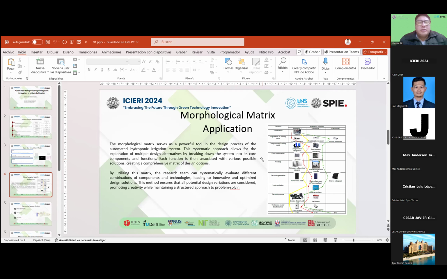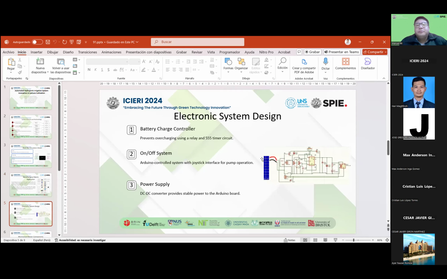By utilizing the matrix, the research team can systematically evaluate different combinations of components and technologies, leading to innovative and optimized design solutions. These methods ensure that all potential design variations are considered, promoting creativity while maintaining a structured approach to problem solving.